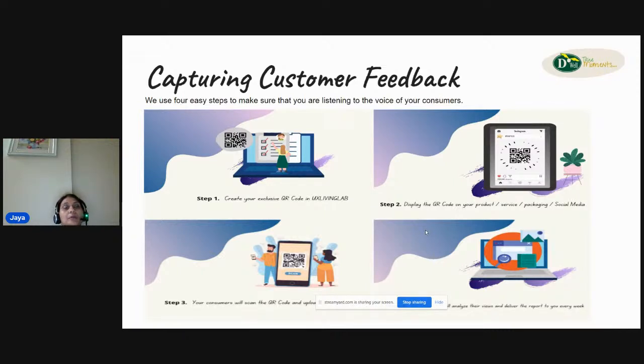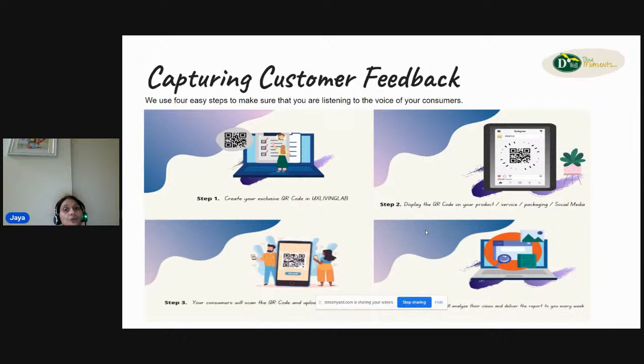So I'm representing the UX Living Lab, a market research consultant, which tries to help you understand where your brand or company is standing, and how you can improve your product more and more, so that it can reach your consumers.